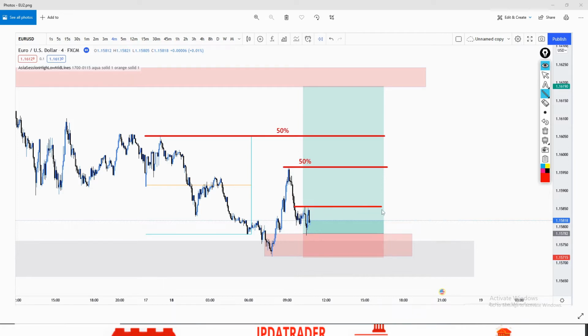So if that is close to a 1 to 2, or is a structure point you're happy with moving to break even as we trade above it, then you can do that, right? So we're going to say that as we trade above this high, we can mitigate our stop loss below the low that was left over here or move to break even, right?